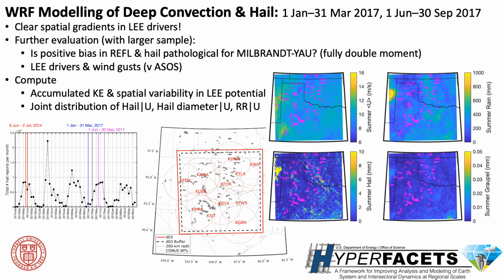So what we can see is there are strong spatial gradients, for example, in rainfall. There are also spatial gradients in wind speed across the locations with wind turbines. There appear to be some areas where hail was more prevalent, and that graupel was relatively infrequent and of modest magnitude.